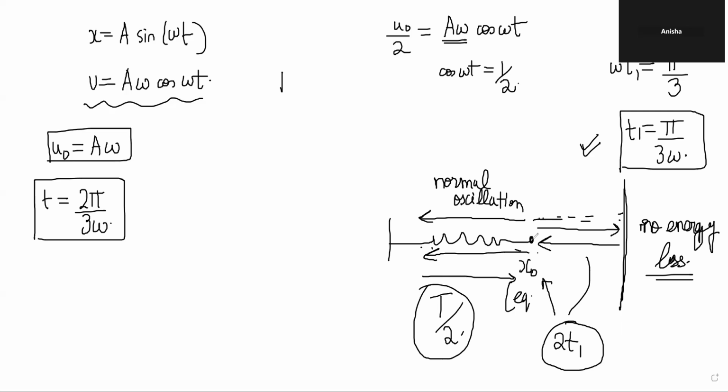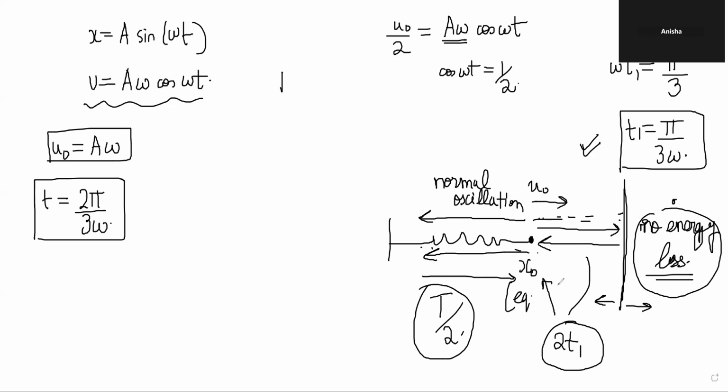You started from here going this way, and you should have gone to an extreme position, but there was a wall in the middle. The wall has not done anything other than reverse you before expected. There is no energy loss, so whatever velocity you had going, the same velocity you were returning with.